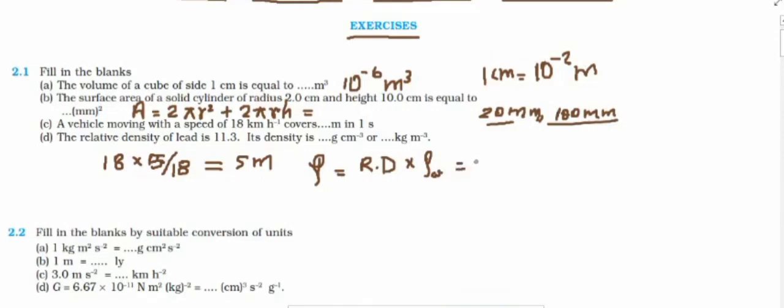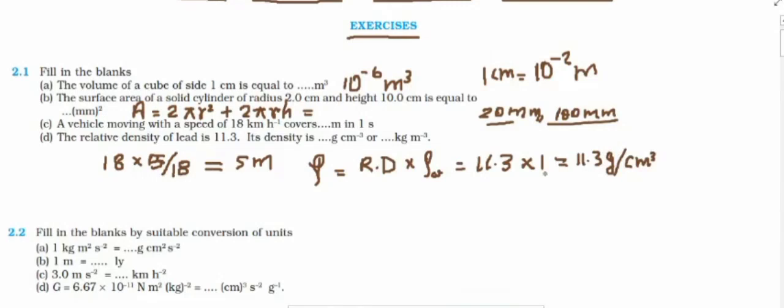Relative density is given, 11.3. Density of water in CGS system is 1. Therefore, you will get the answer 11.3 gram per centimeter cube.